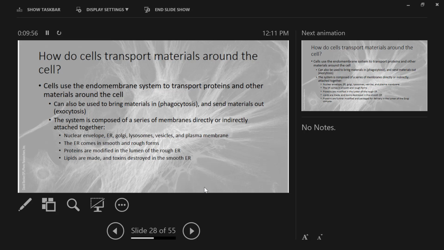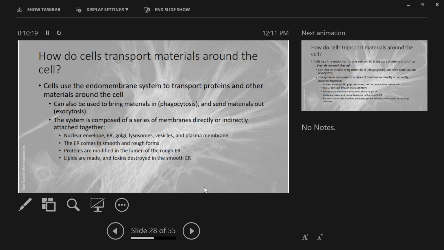Lipids are made in the smooth endoplasmic reticulum, and in cells that are exposed to large numbers of toxins, there are machines within the smooth endoplasmic reticulum that destroy toxins as well. What types of cells in our bodies are exposed to high levels of toxins? Yeah. The liver cells.